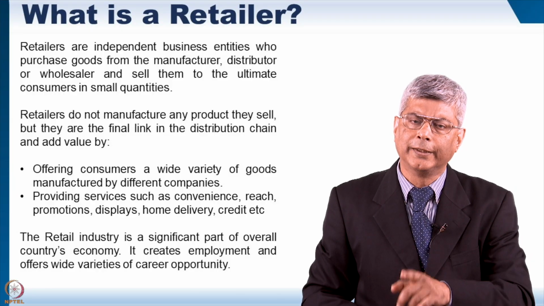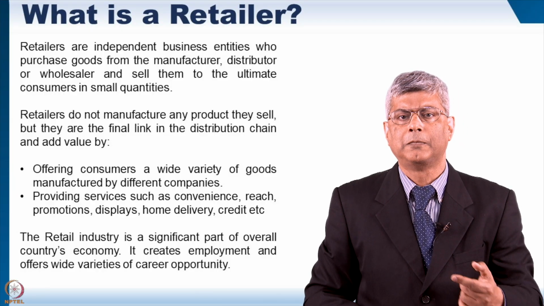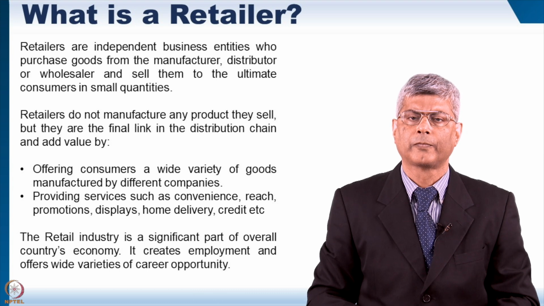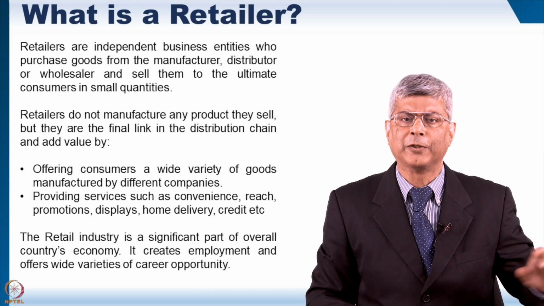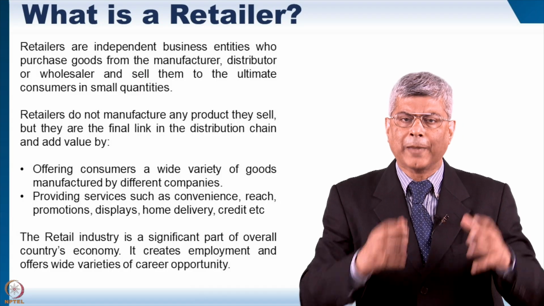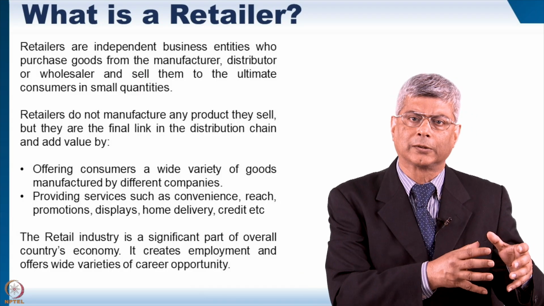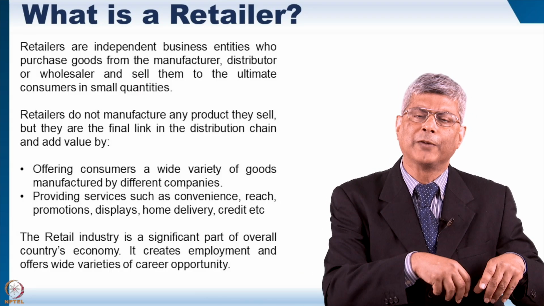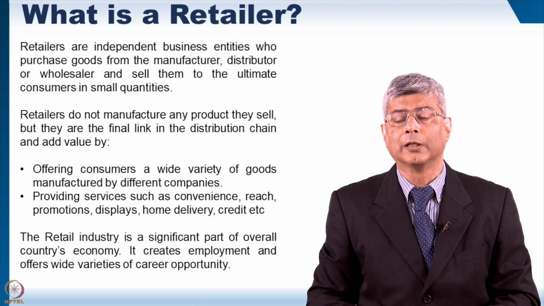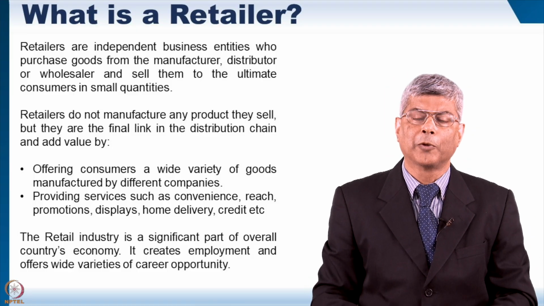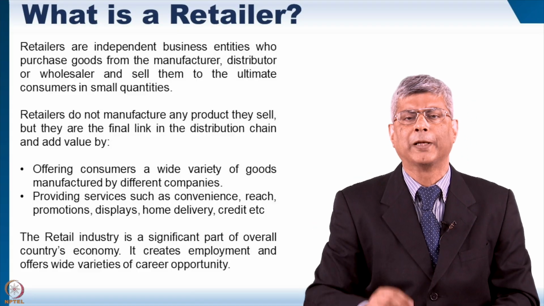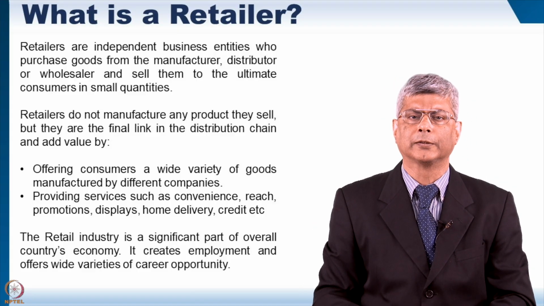Remember, neither distributors nor retailers make the product that they sell. That's made by the manufacturers. But manufacturers will make only their own products. Distributors may buy from 5 or 10 or 20 manufacturers. A retailer may buy products of hundreds or thousands of manufacturers.